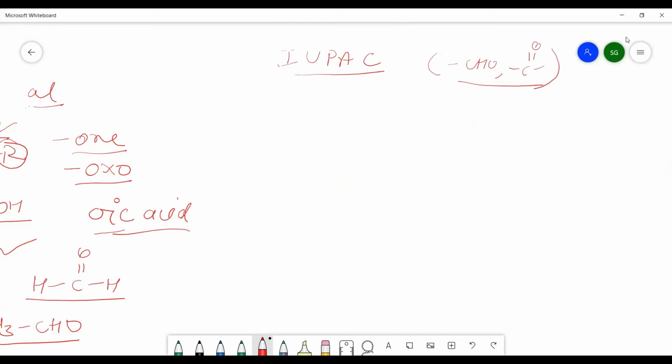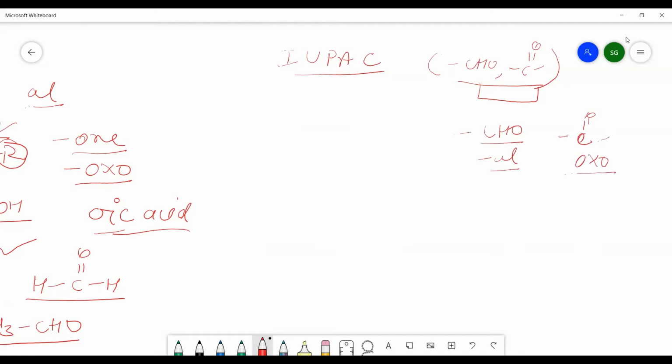Now in the priority rule, you know well that among the CHO and C double bond O groups, priority will be given to the CHO group whenever a multiple functional group compound is there, and in that case it will be the suffix -al, and C double bond O will become a prefix, which is termed as oxo.